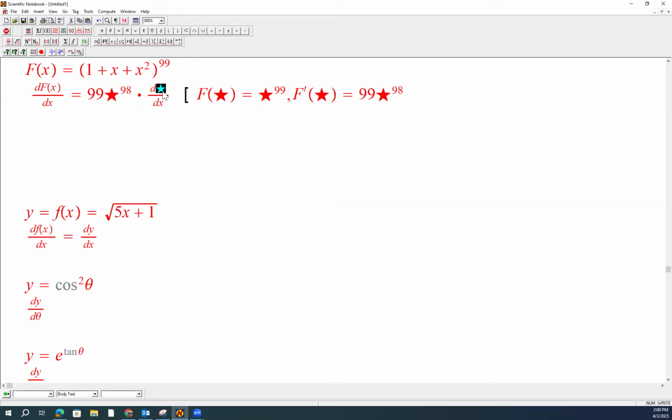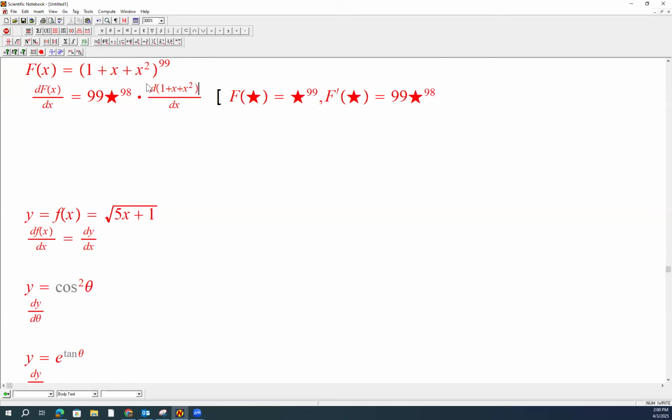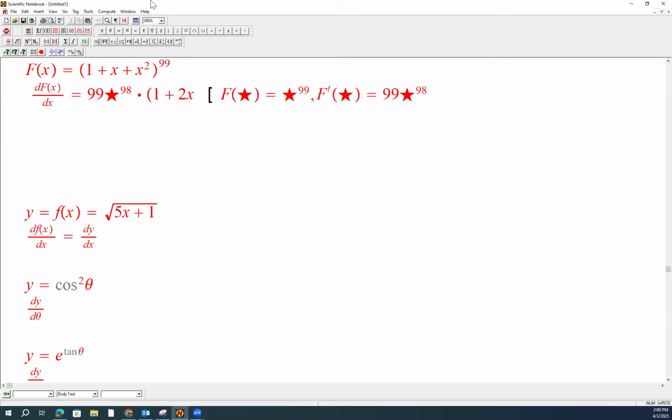It's obvious our bologna is right here, so our bologna is not neglected. And this part will give us 1 plus 2x. And then of course you have to replace bologna by it. So that's how it's done.